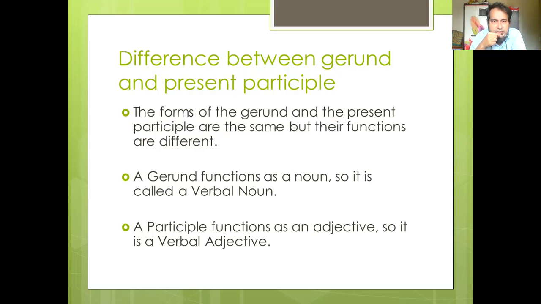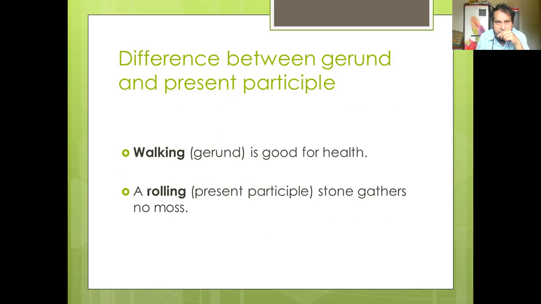Always keep in mind that a gerund is a noun, and that's why it is called a verbal noun. On the other hand, a participle functions as an adjective, or it can function as a verb. So sometimes we call it a verbal adjective. This is the basic difference between gerund and participle. Gerund works as a noun, whereas participle functions as an adjective.